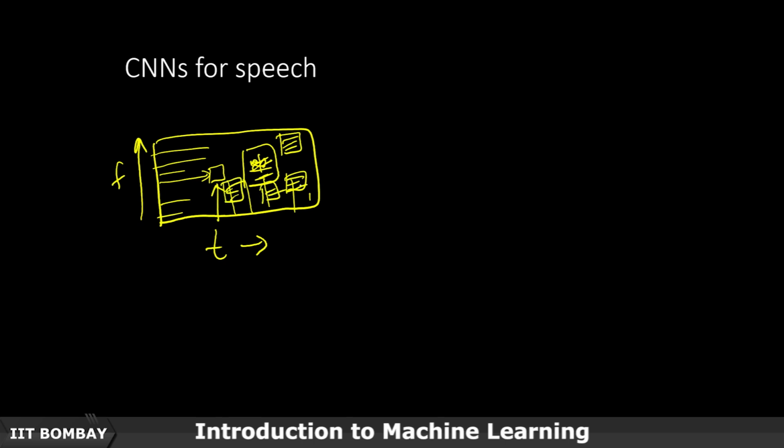So the same localization and repeating pattern principles apply for speech also, and we can use CNNs for speech. Just as the size of the filter is going to be tailored towards the typical size of a particular feature to be detected in speech as opposed to images. So CNNs can also be used for speech.